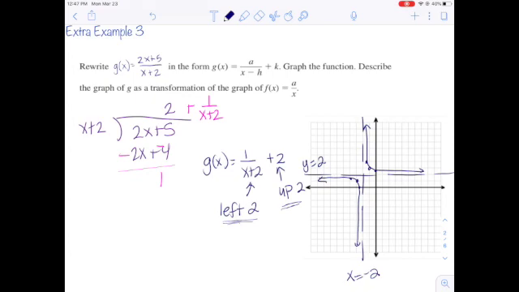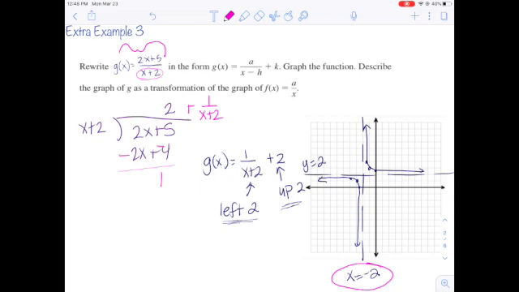So do we want to have to rewrite these functions every single time? No, not really. What you want to take a look at is, how do I get this vertical asymptote of x equals -2? Look back at your beginning function before you rewrote it. Where do you see x equals -2? And why is it a vertical asymptote? Well, we've had 3 domain restrictions that we've been talking about all year.